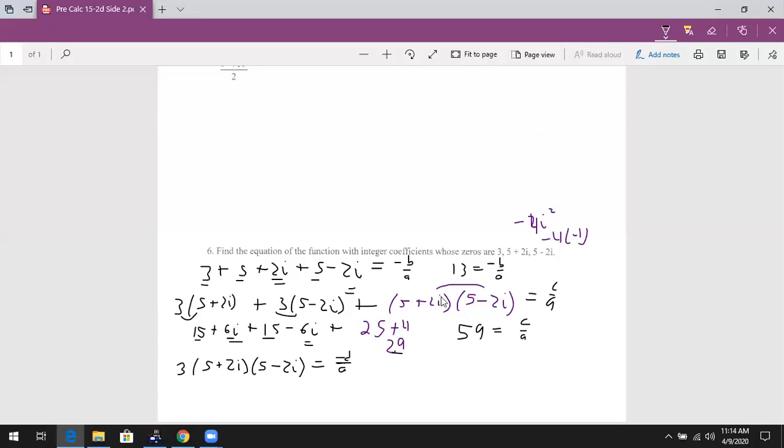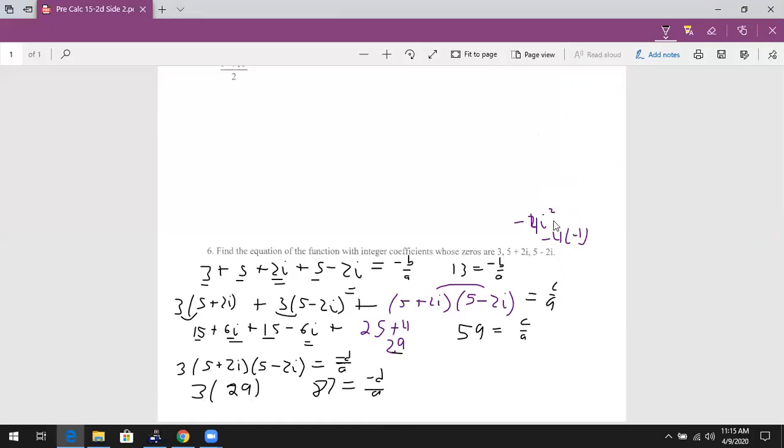But you can see I've already multiplied these two together, and I got 29. So that is a shortcut: you're going to have 3 times 29 here. We already multiplied those together. Let's let our work work for us. 3 times 29 is 87, so 87 is negative d over a.